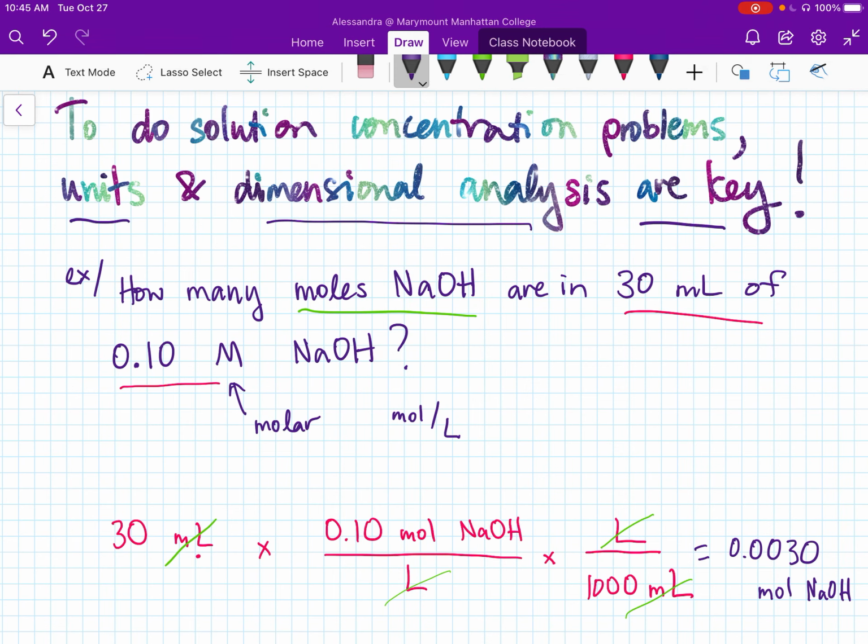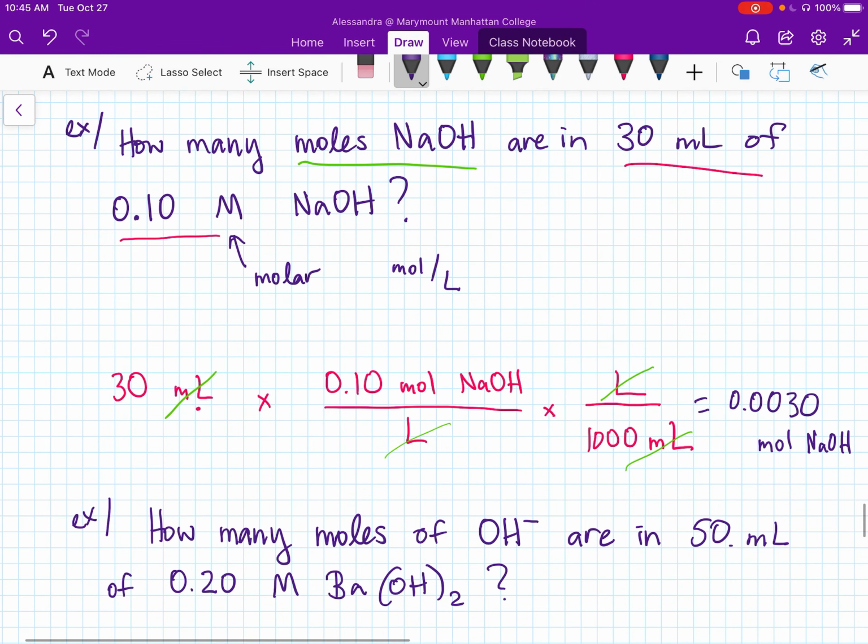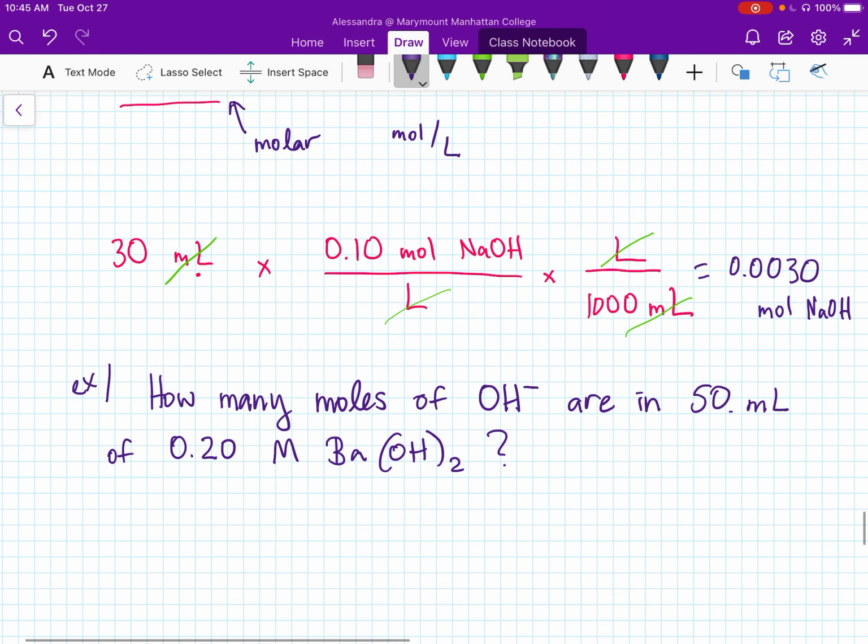Let's do a similar example, just making it a little bit more complicated. How many moles of hydroxide, OH minus, the anion, are in 50 milliliters of 0.20 molar barium hydroxide? So here we're being asked for just that anion, not for the moles of barium hydroxide, but for the moles of hydroxide.